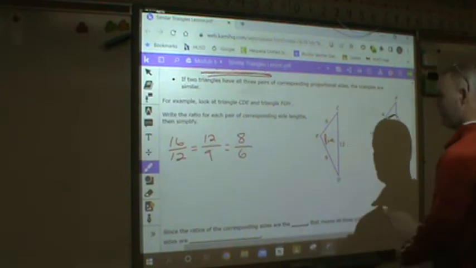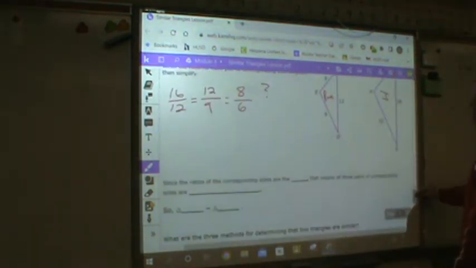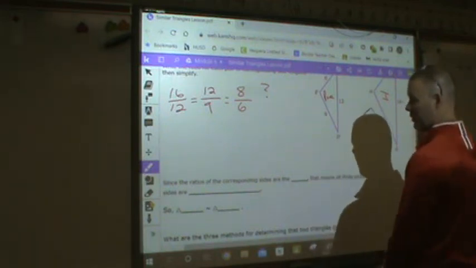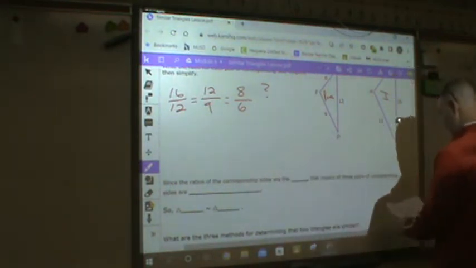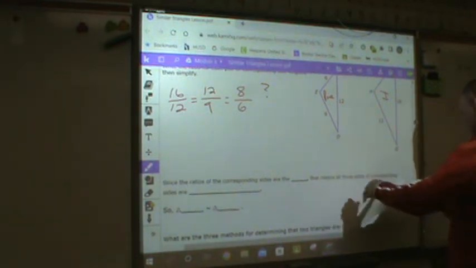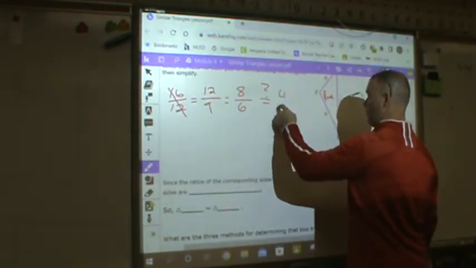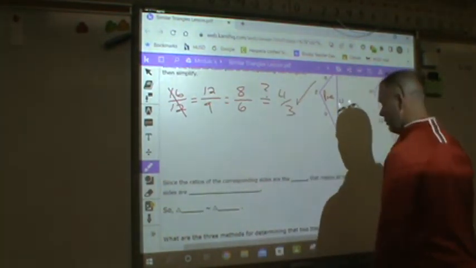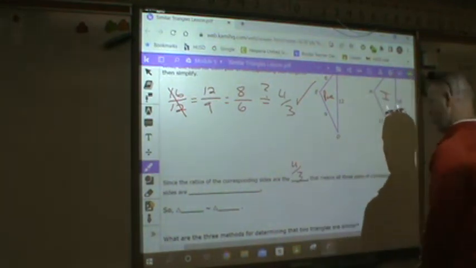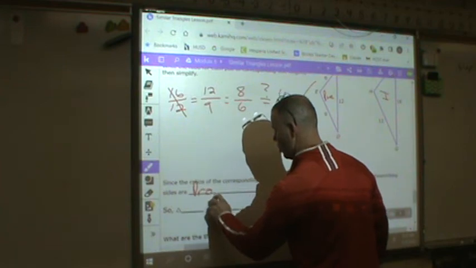Do all of these simplify to be the same? Are they all the same? Will they all reduce to be the same? Because if they are, then the figures are similar. So since the ratio of the corresponding sides, flip over my notes because I'm a page behind. Since the corresponding ratios all equal 4/3, okay, which is a big check. 4/3, that means all three pairs of corresponding sides are proportional.